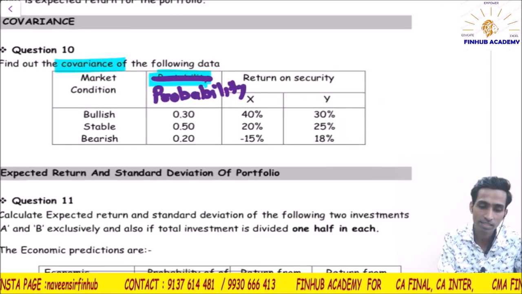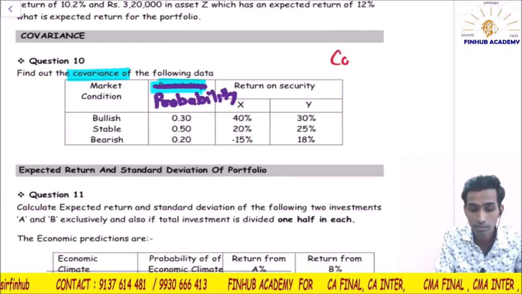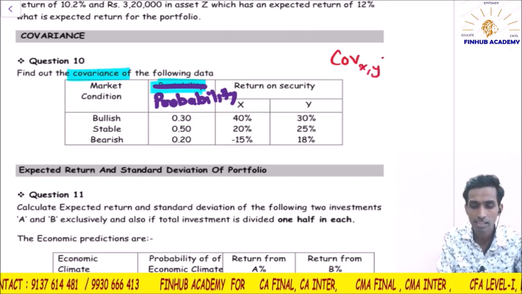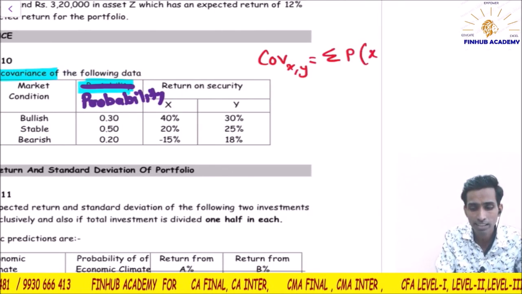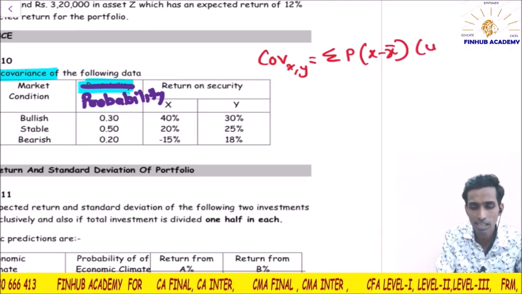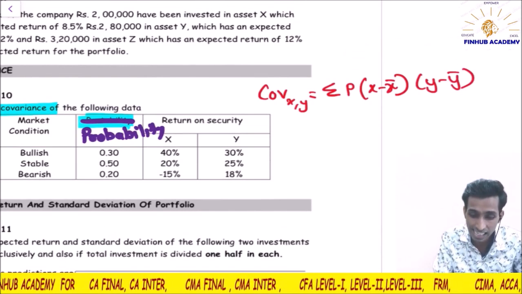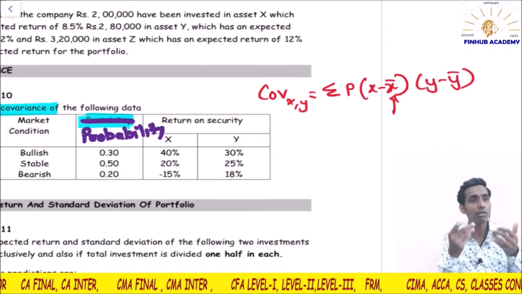So listen, what is the formula for covariance when you have probability, x comma y? First you should write the formula: summation p into (x minus x bar)(y minus y bar). First you should calculate x bar. When probability is given, how do you calculate x bar?